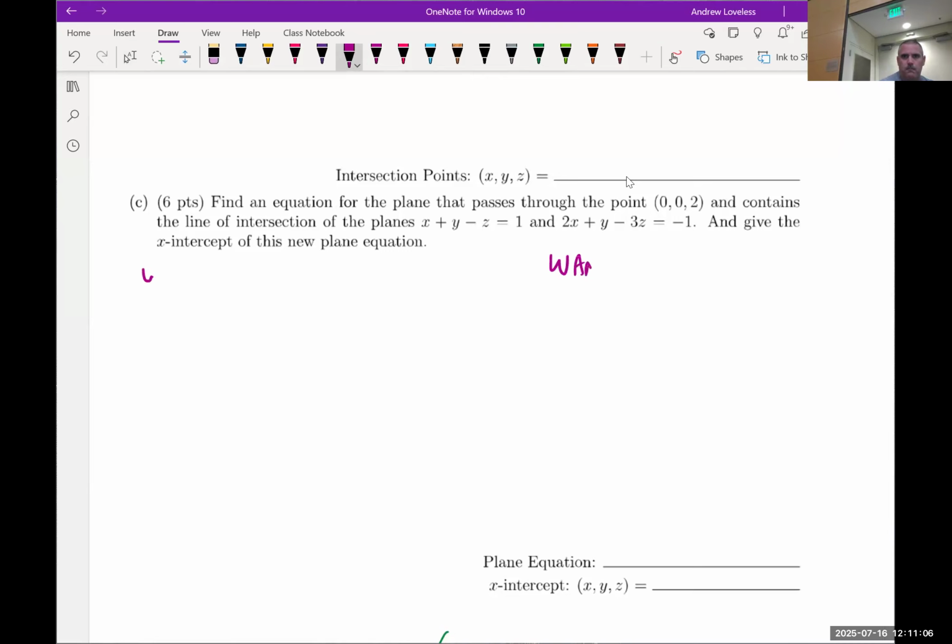So we want a plane. So find an equation of the plane. So that's what's guiding me here. And then we're doing this.